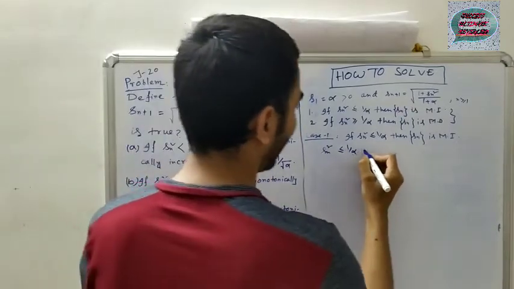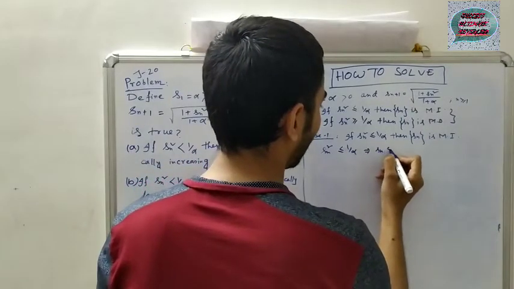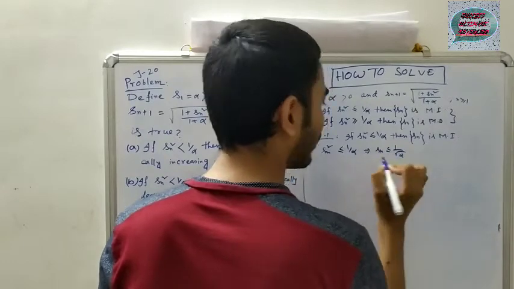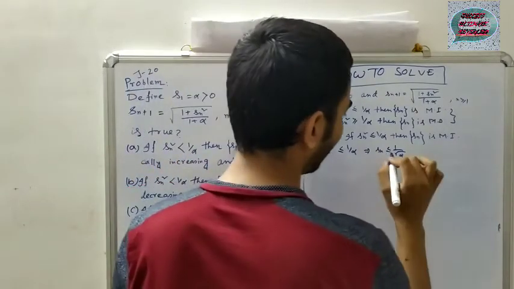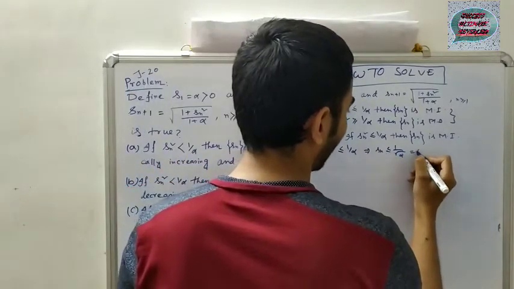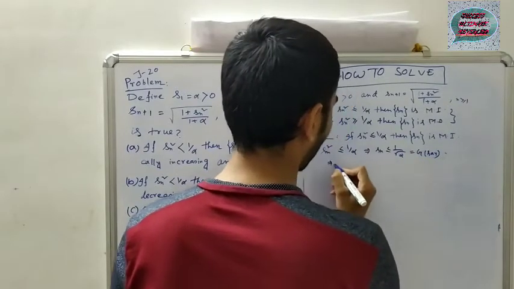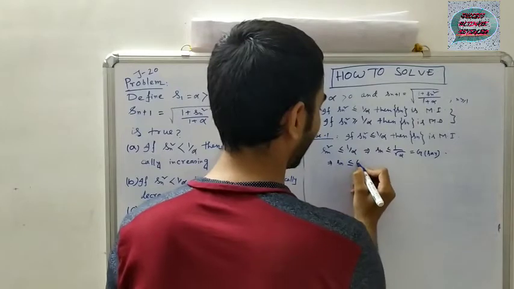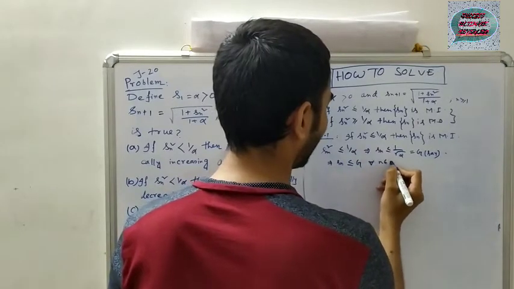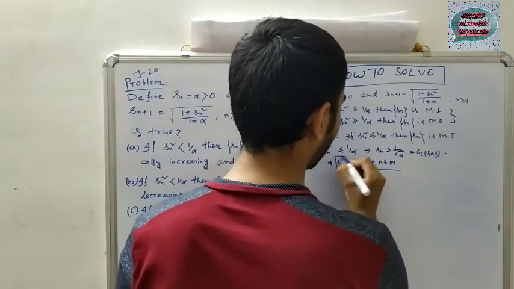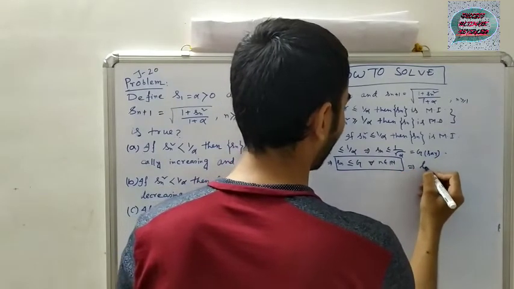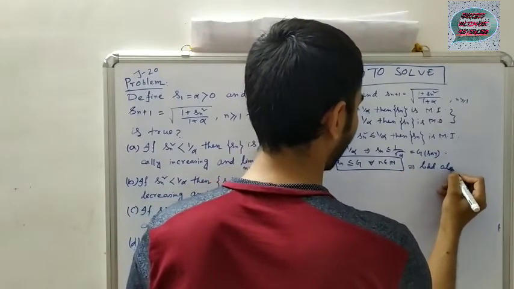That means Sn is less or equal to 1 by root over alpha, and that equals G, say. So this implies Sn is less or equal to G for all n belongs to N. That means Sn is bounded above.